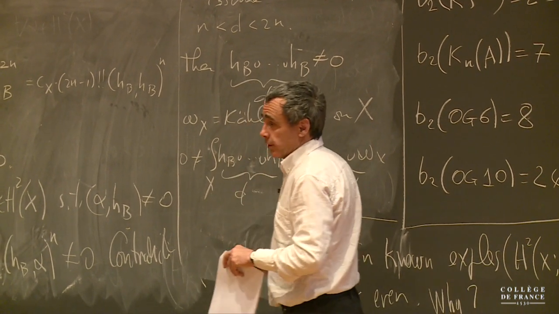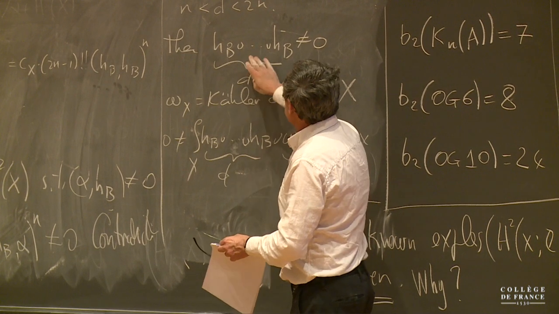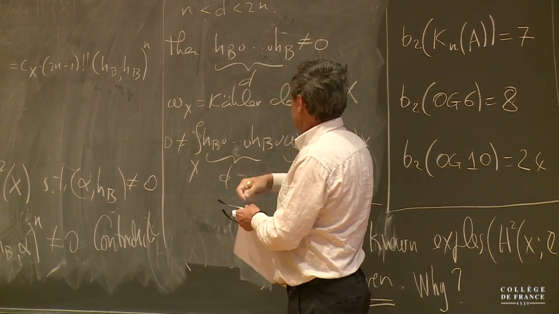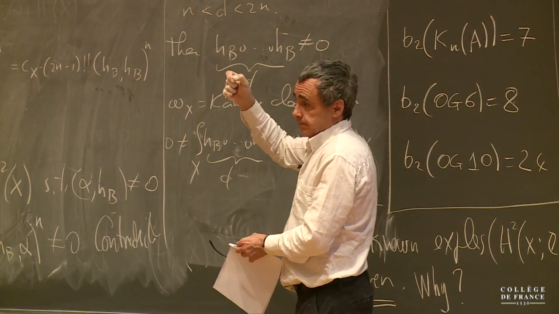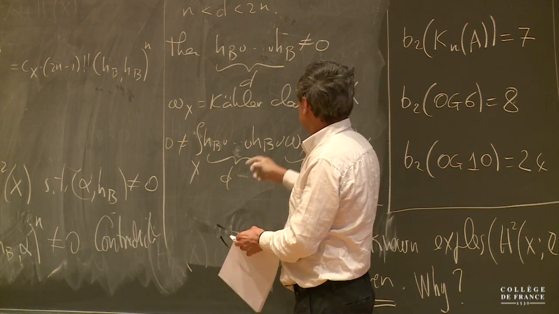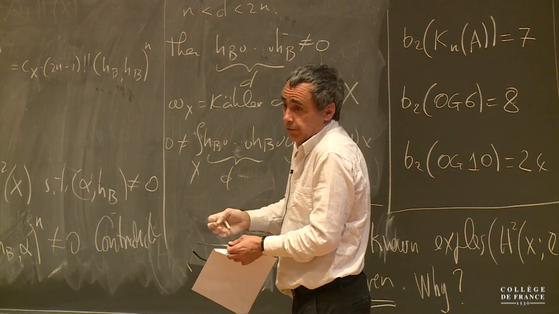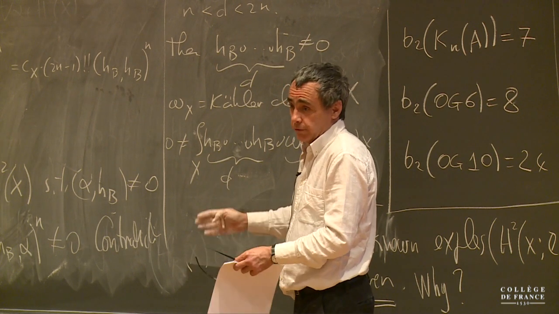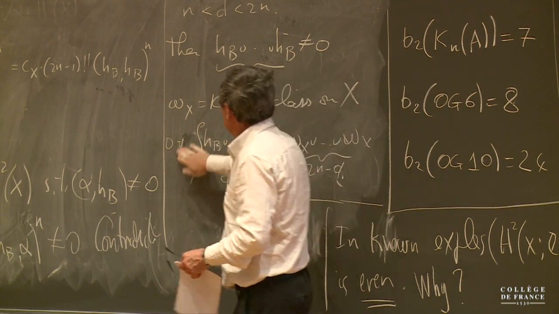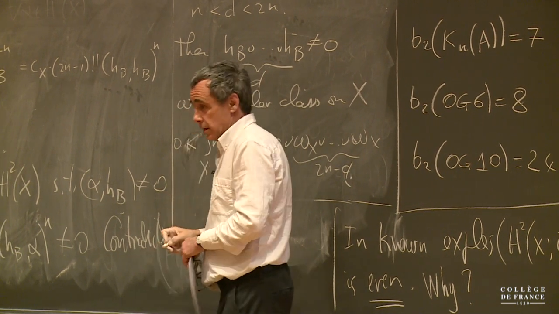This is different from 0, because we're just taking a class represented by a positive multiple of a fiber. This means that we're just integrating the Kähler class the maximum number of times on that fiber, so it's a positive number. This integral is positive.